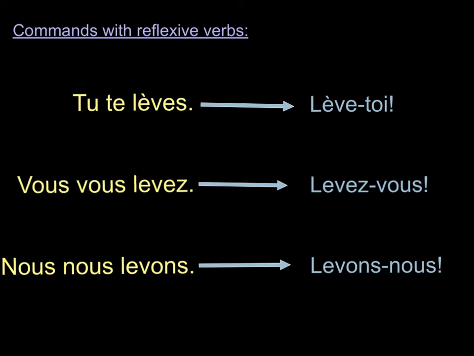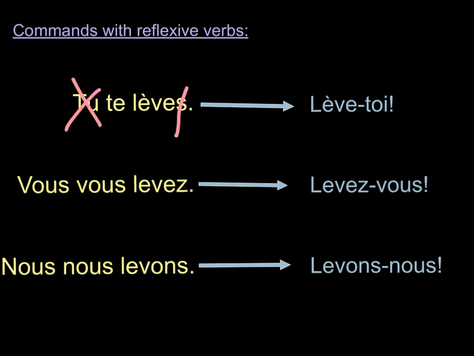So in order to do that, we're going to do two things. We're going to drop the subject pronoun as always. So we're going to get rid of that tu. Okay? Now, like with the other ER verbs, we're going to drop the S at the end of the verb. Okay? Now, what changes here is that the reflexive pronoun moves to after the verb, okay? So we end up with lève-toi.